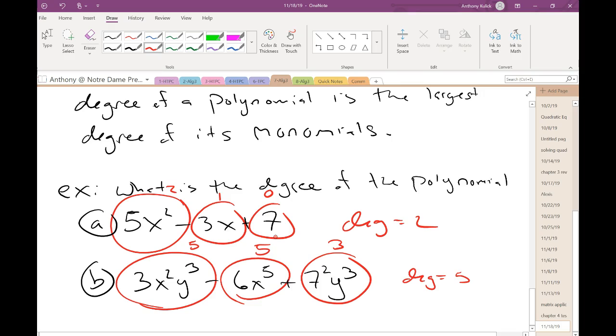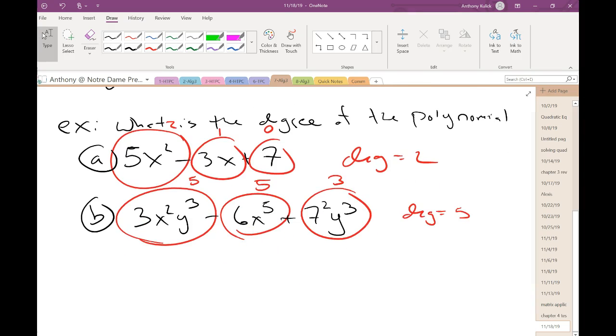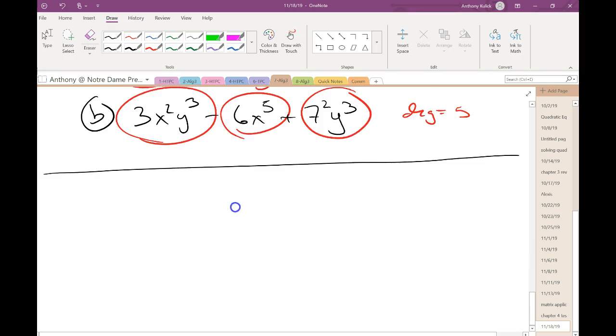The biggest of those is 5. Everybody okay there? What do you think? We got a handle on this? Right. So that shouldn't be bad. Okay.